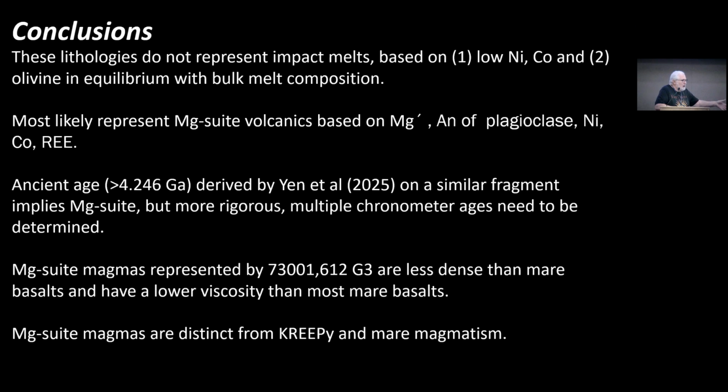Although an age was derived from this at about 4.2, suggesting this is ancient, clearly there's a problem based on the philosophy that Lars and I have been using in dating plutonic rocks from the moon, that one needs to use multiple chronometers. So the age of this is probably older than 4.2, but it's ancient.